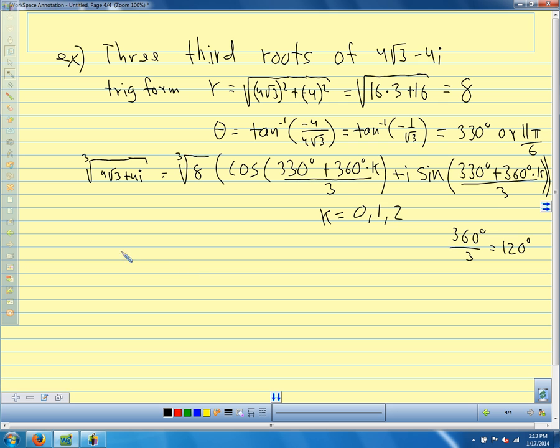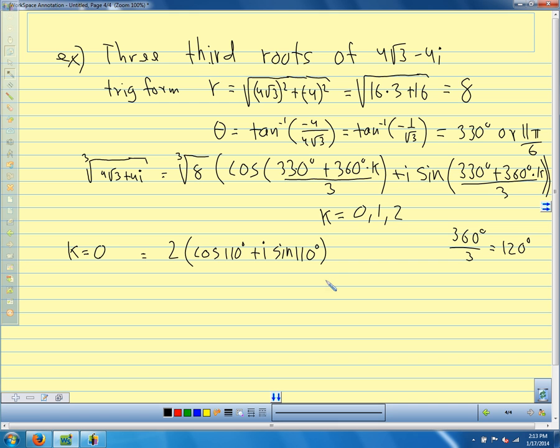So the third root of 8. For k equals 0, the third root of 8 is 2 times the cosine of 330 divided by 3, and k equals 0, is 110, plus i sine 110.